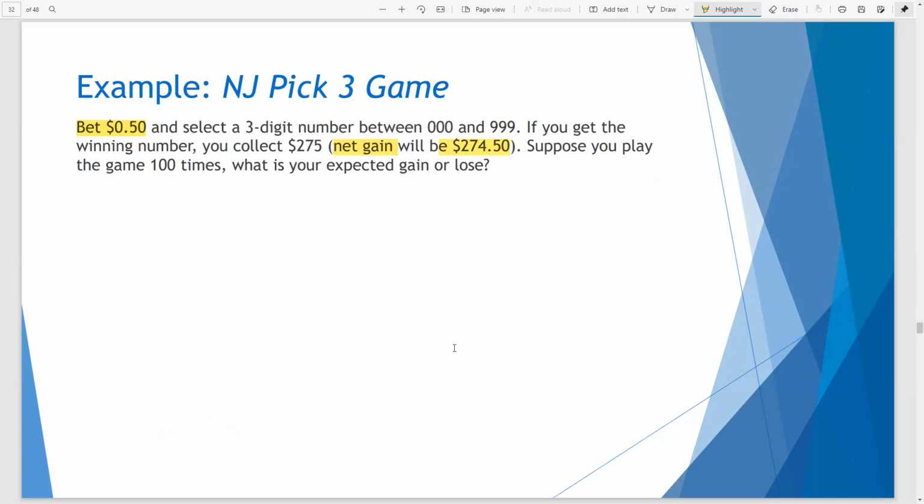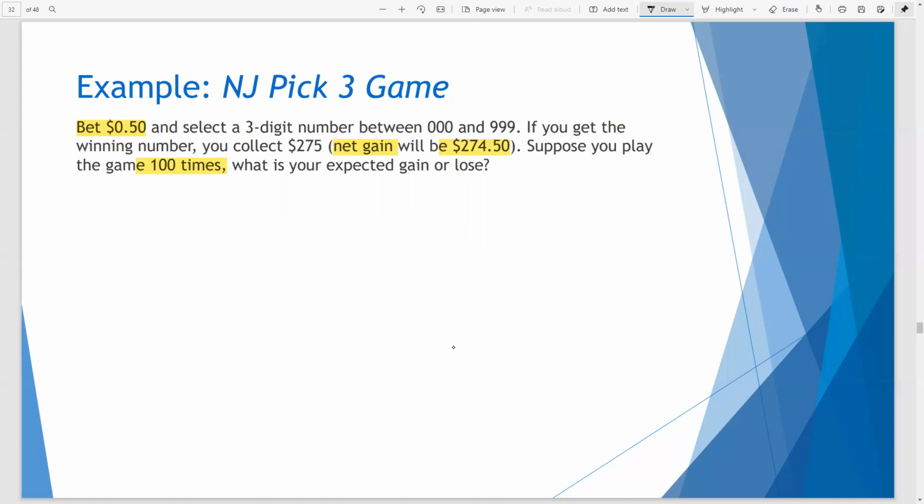In other words, if you don't get the single winning number, you lose that money. If you play the game 100 times, what is your expected gain or loss? That is the question they can ask us. So 000 to 999 is 1,000 numbers.